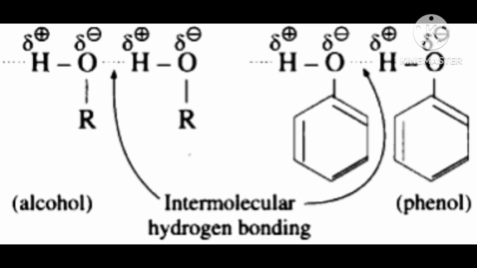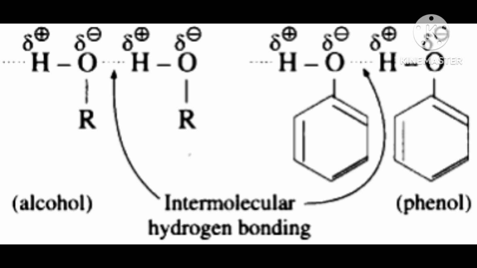Alcohol and phenols consist of two parts, an alkyl or aryl group, one alkyl group, other aryl group. If ethyl alcohol is there, then one part is alkyl, the other is the alcoholic group. If phenol is there, the one will be aryl group, the other will be the phenolic group, OH group, hydroxyl group.